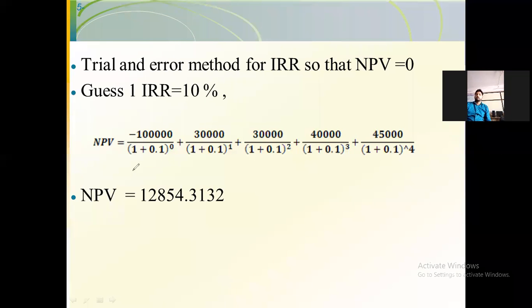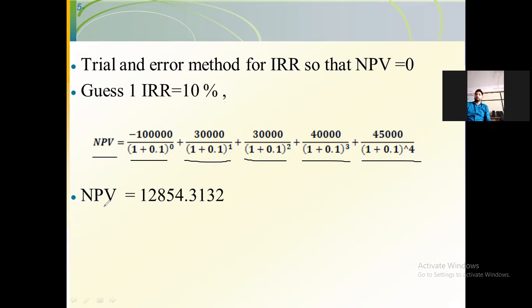Write down NPV is equal to minus 1 lakh divided by (1 plus 0.1) raised to 0, plus 30,000 divided by (1 plus 0.1) raised to 1, plus 30,000 divided by (1 plus 0.1) raised to 2, plus 40,000 divided by (1 plus 0.1) raised to 3, plus 45,000 divided by (1 plus 0.1) raised to 4.